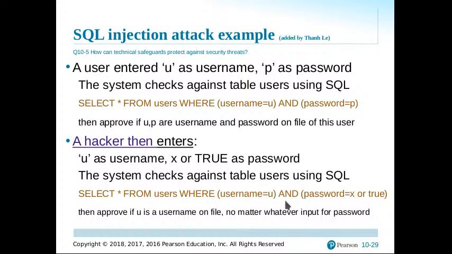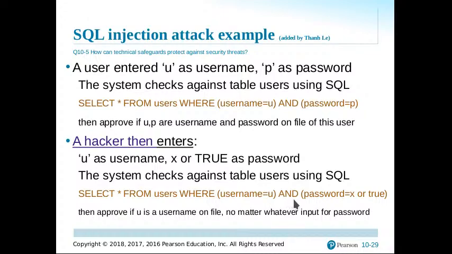Now look at the expression here. This is a logical expression. For the first part, checking user equals U, it's true, because the username is very easy to know, so the hacker knows the username and this part is true.